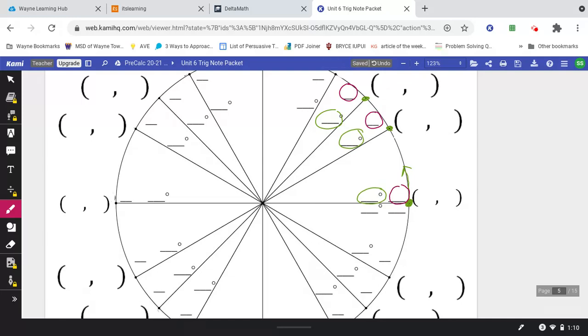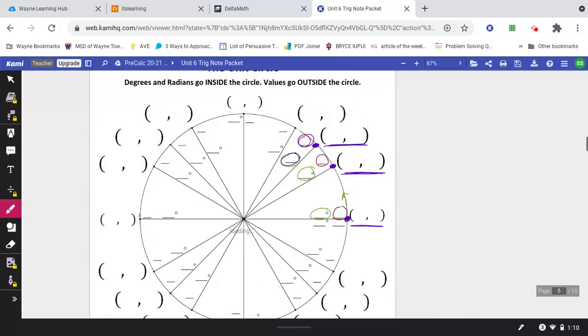We learned how to convert those. And then lastly, you have on the outside what we call a value. That's going to be an ordered pair. That again symbolizes this point. So each of these three symbolizes that point. These three represent that point. These three represent this point. And it goes that way all around the entire unit circle.